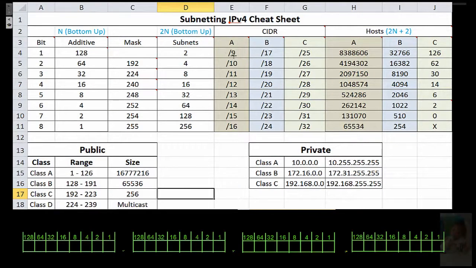This is with the assumption that we're always starting with at least a /8, meaning 1, 2, 3, 4, 5, 6, 7, 8. Knowing your default mask values, we're always going to be here at least: 255, then something. It could be 0.0.0, it could be 255.255, it could be 255.255.255, depending on what default mask we're talking about.